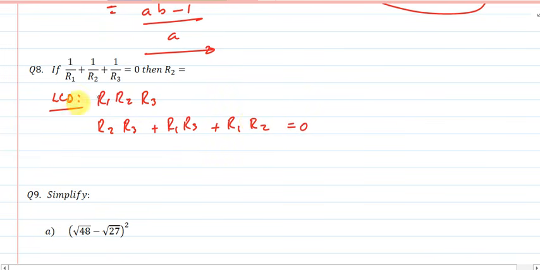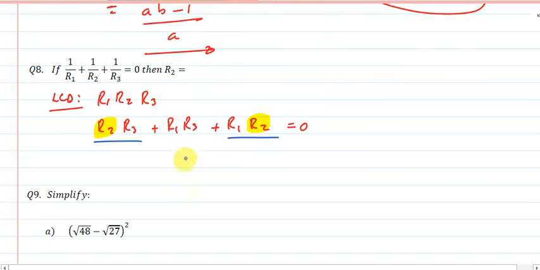When we have an equation and we do an LCD, the LCD falls off. And remember the restrictions: r1, r2 and r3 can't be equal to 0. So we want to solve for r2. Since we are solving for r2, remember this is r2 here and r2 there. So we're going to factorize the r2 from the first term and the last term.